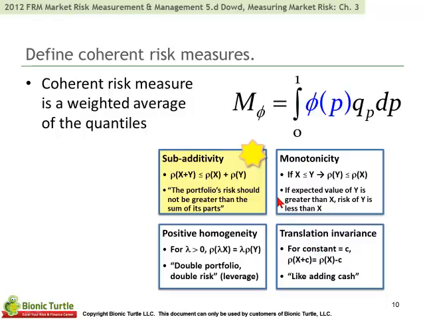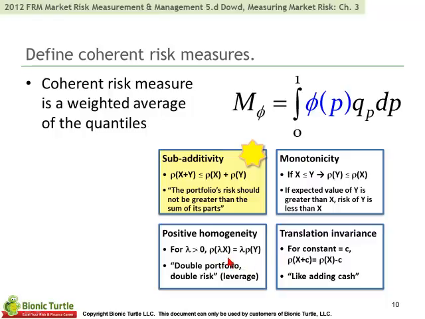Monotonicity means that a random cash flow or future value y that is always greater than x should have a lower risk. So this means that less needs to be added to the y than to the x to make it acceptable. Positive homogeneity implies that the risk of a position is proportional to its scale or size.